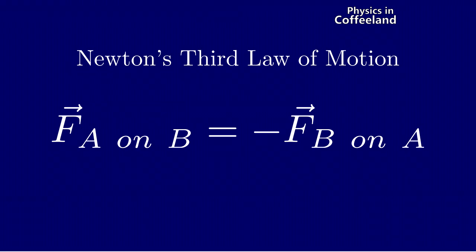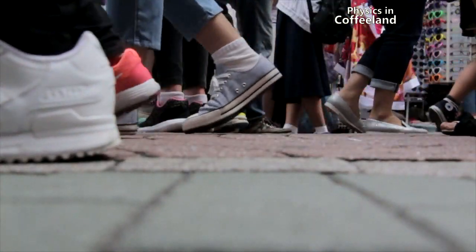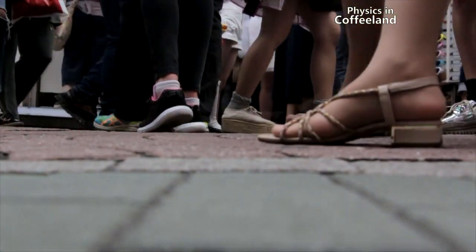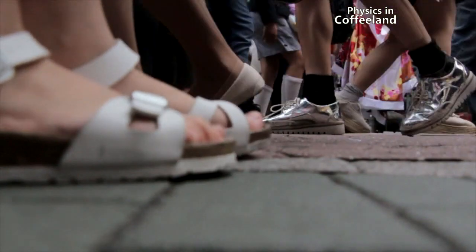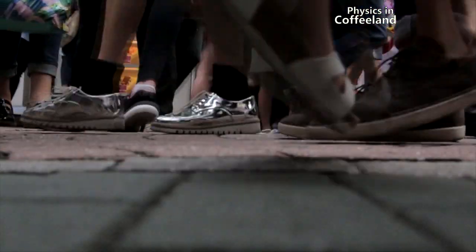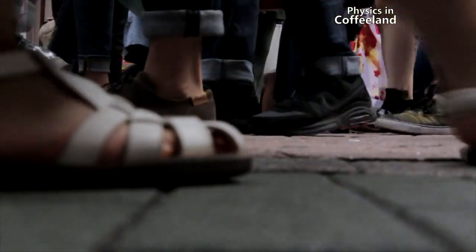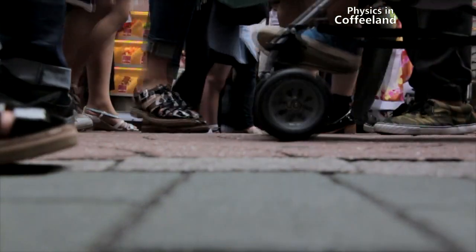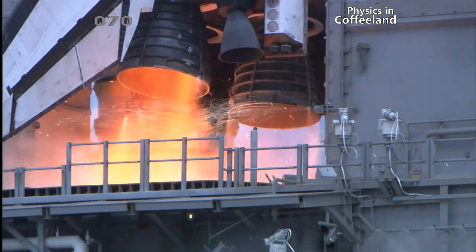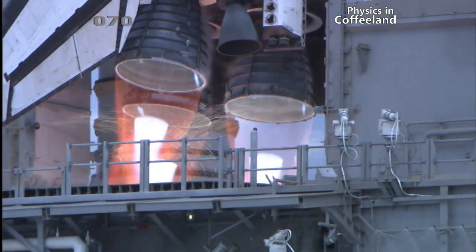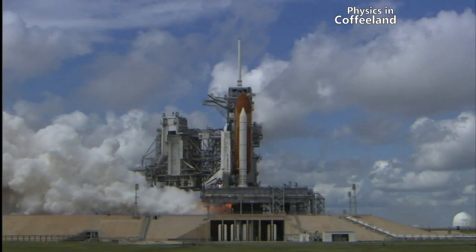To better understand this, let us consider walking. Why does walking work? What our legs and feet do is to exert a force on the ground. The ground at the same time exerts a force on the legs and feet, pushing us forward. So we actually manage to move while walking because the ground exerts a force on us. The same thing happens to rockets as they fly to outer space.